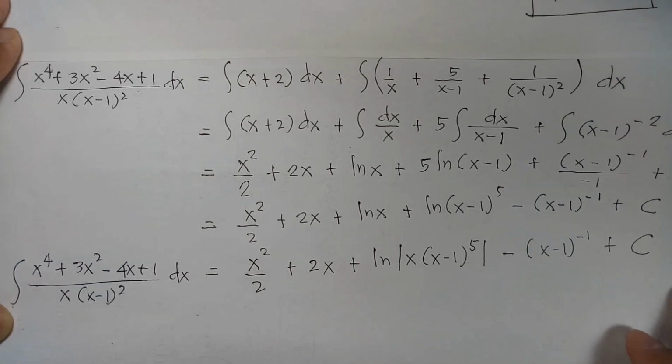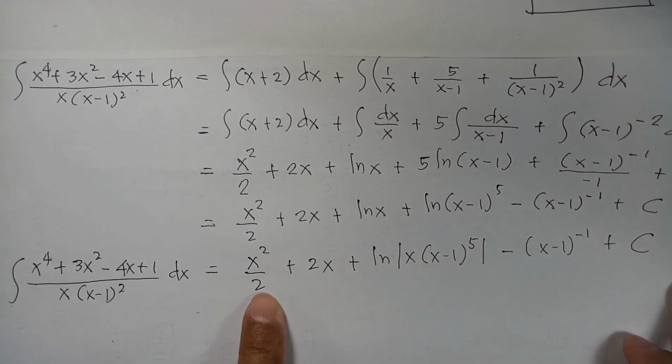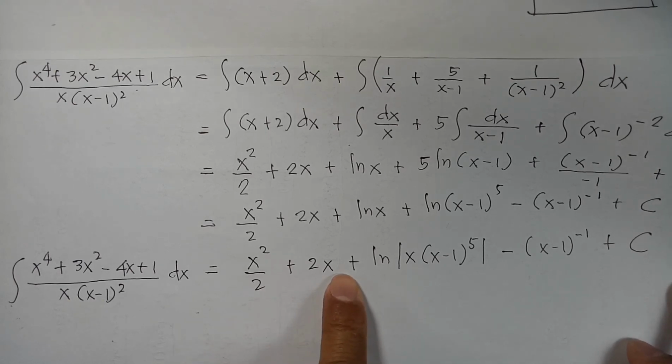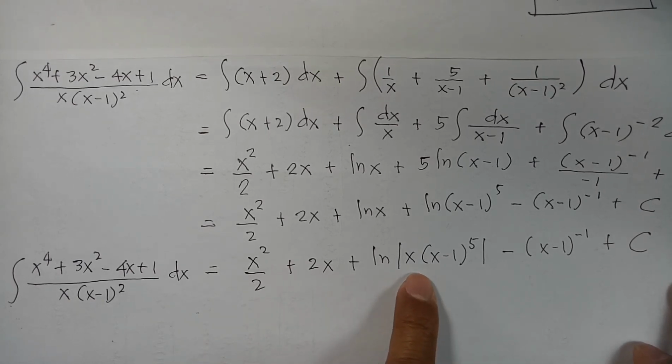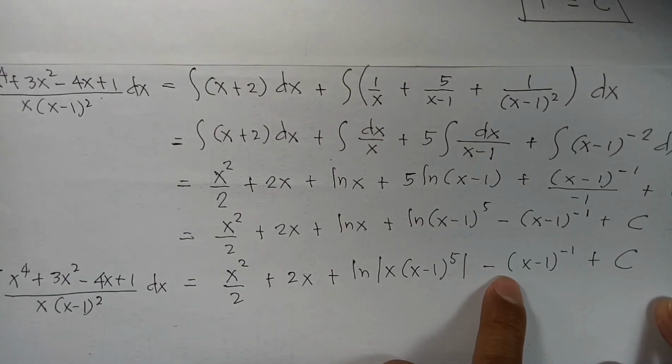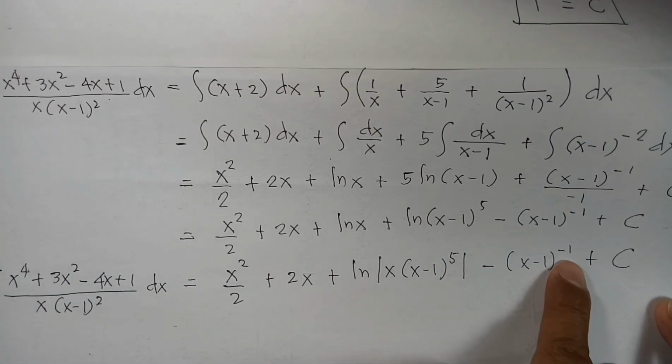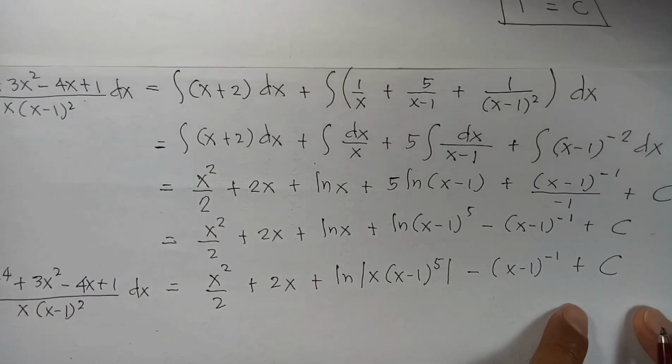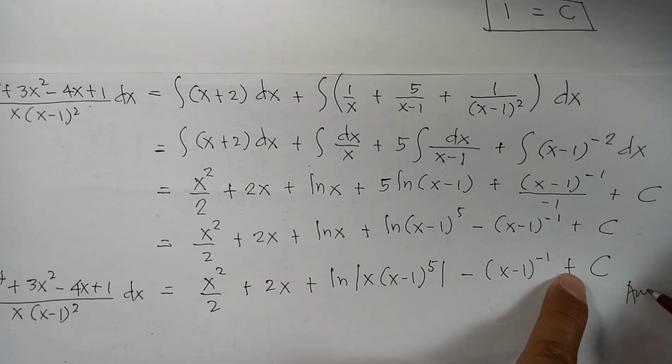It equals x squared over 2 plus 2x plus ln of x times x minus 1 to the fifth, and then minus x minus 1 raised to negative 1, and then plus c. So this is now our answer.